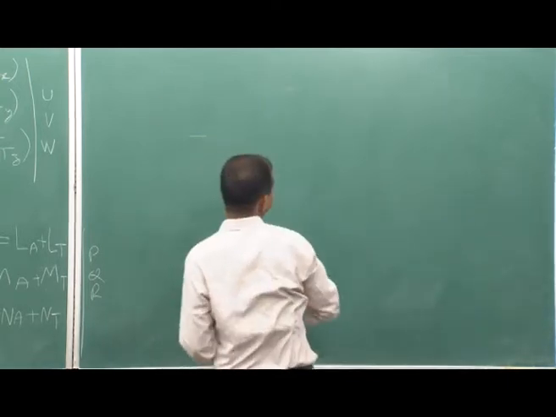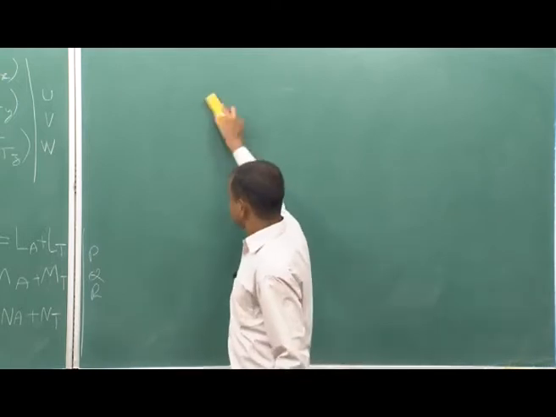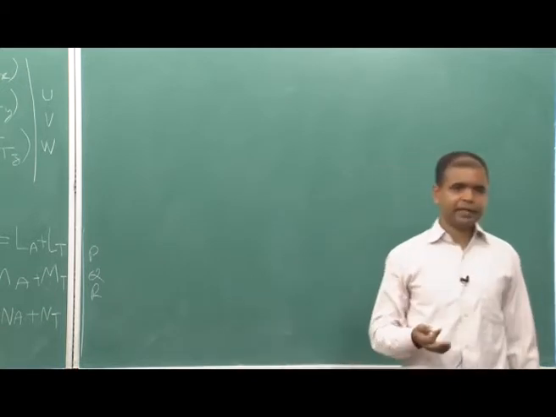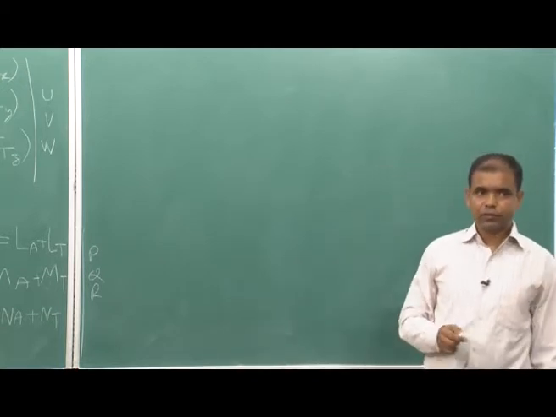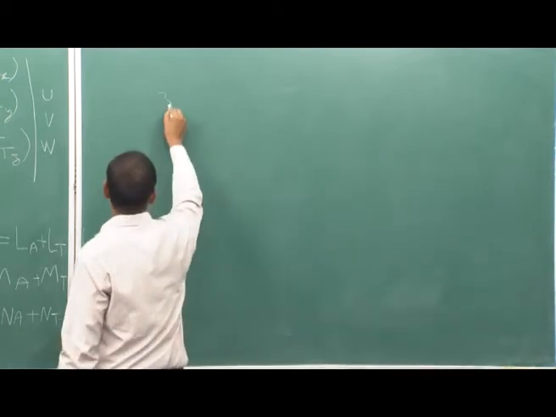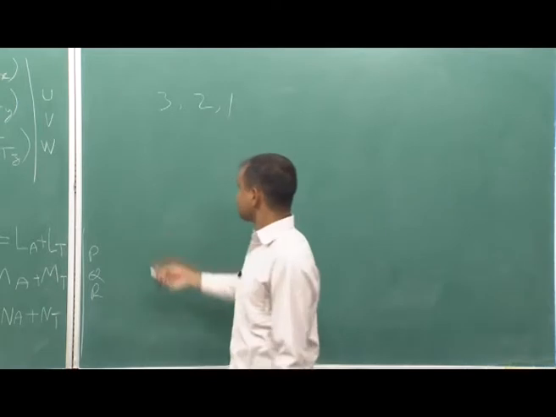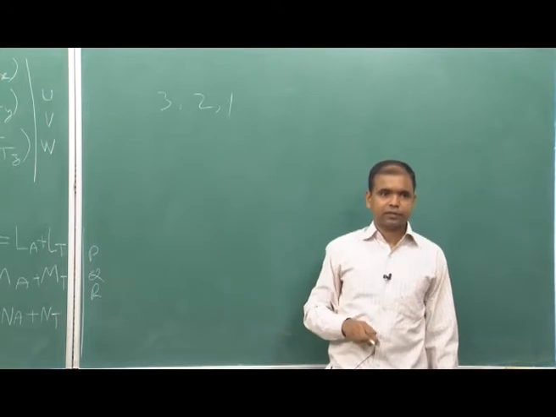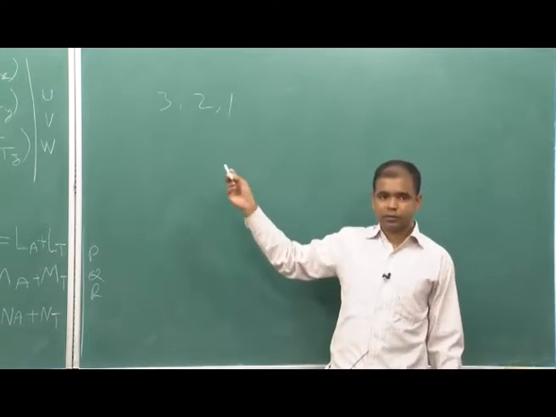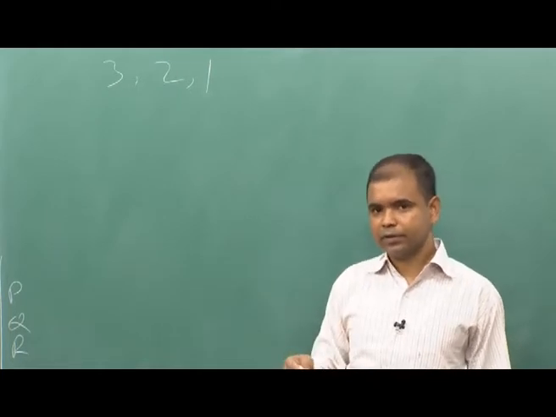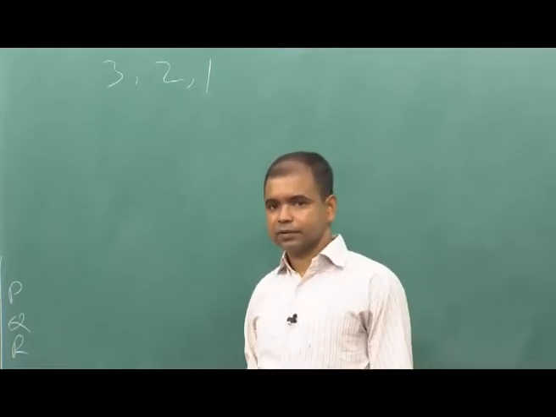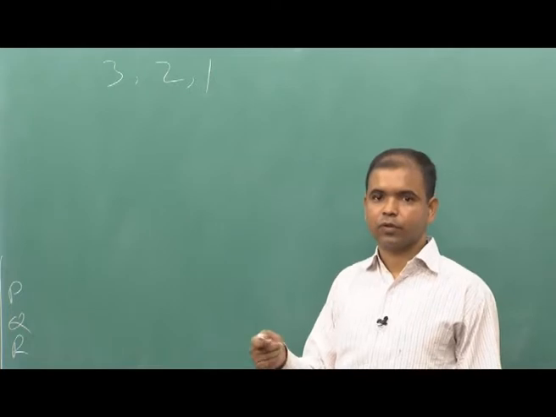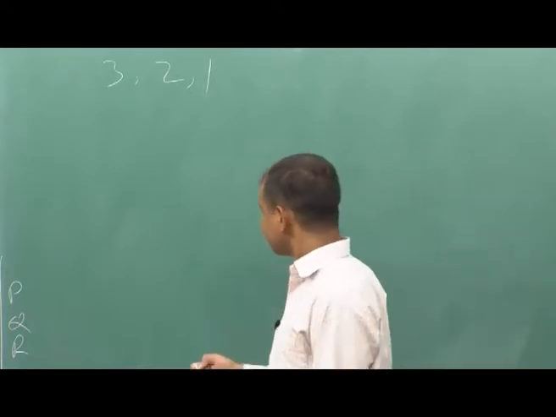We can reach from one frame to another with the help of 3 rotations, and there are many types of rotations used, but in Euler we use this sequence of rotation 3, 2, 1. First we rotate our frame about the z axis, then about the new y axis which we got after the rotation about z, and lastly we rotate our frame about the new x axis which we got after the second rotation.